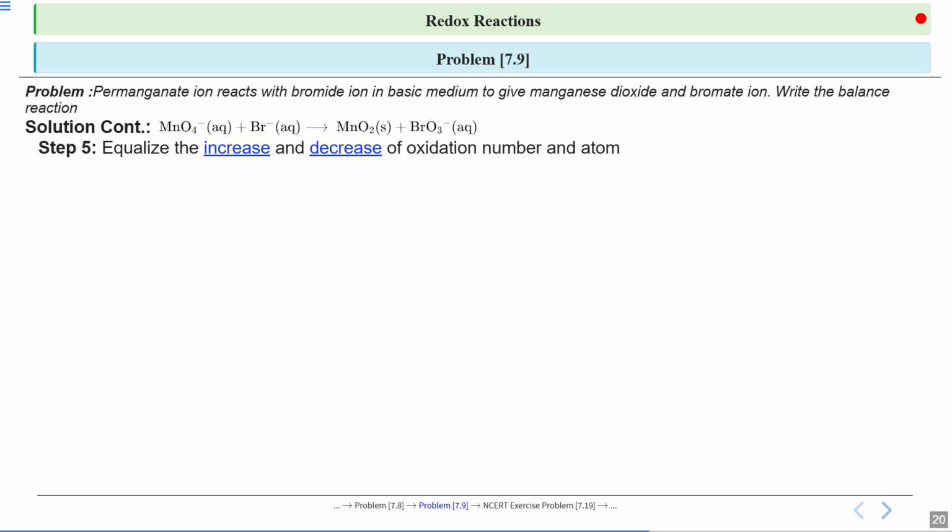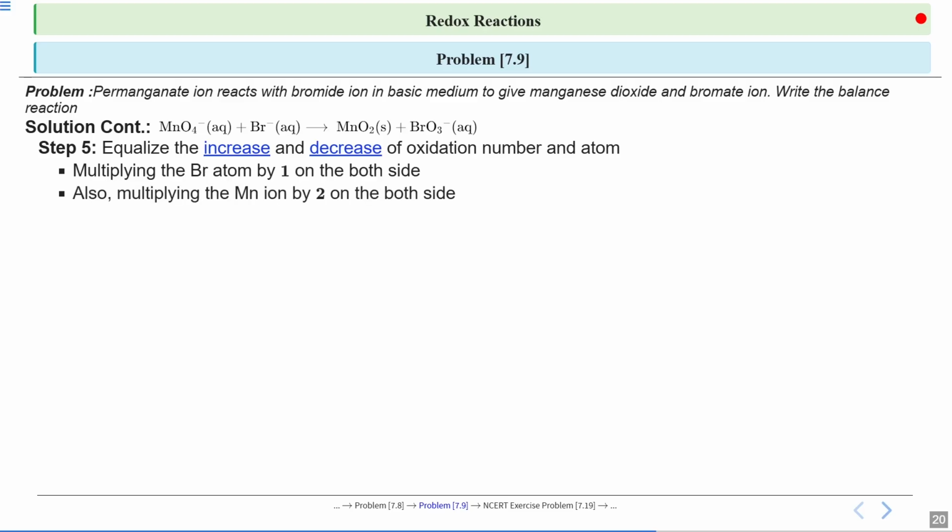Now, continuing with step 5, we will equalize the increase and decrease of oxidation number and atoms. To maintain that, we will multiply the bromine atom by 1 on both sides, and we will multiply the manganese ion by 2 on both sides.